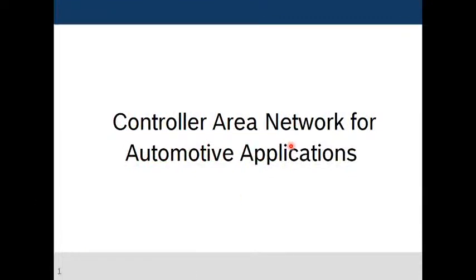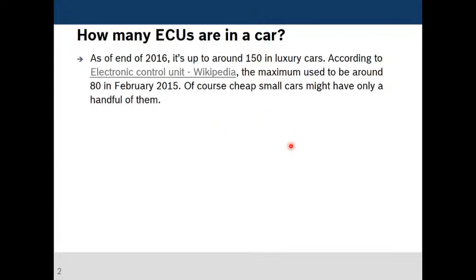Control area network for automotive application. Before entering the complete CAN protocol, we have to look into why this CAN protocol is required and why it's coming into the picture, and what properties were there in the ECU system or automotive system.